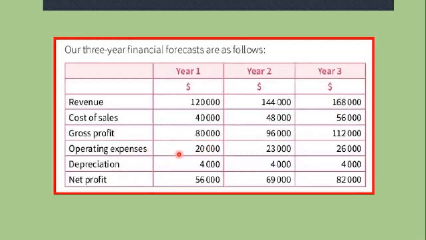All right, operating expenses. Now, the reason they don't have the depreciation in the operating expenses is because depreciation, you don't have to pay for it. You just calculate the depreciation on the assets and you include it there. Okay, so you remember that. You have net profit, there's how much profit they expect to make each year.